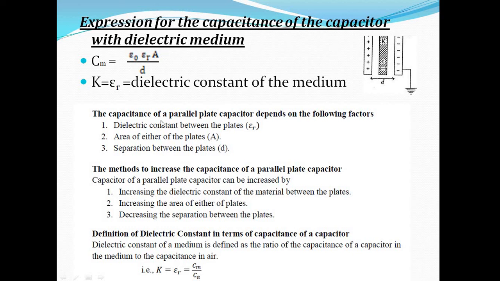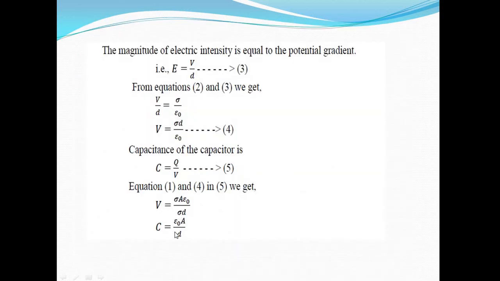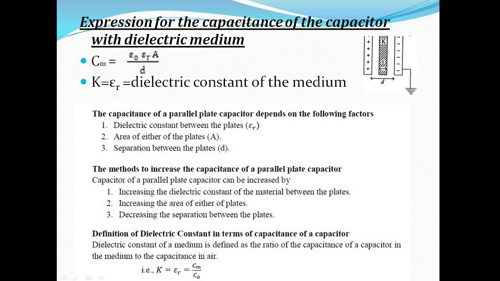The first expression we got, C as A epsilon naught divided by d, and with the medium epsilon naught epsilon r A divided by d. We take Ca as the capacitance without dielectric medium, or with air as the dielectric medium. So Cm by Ca gives epsilon r or k.